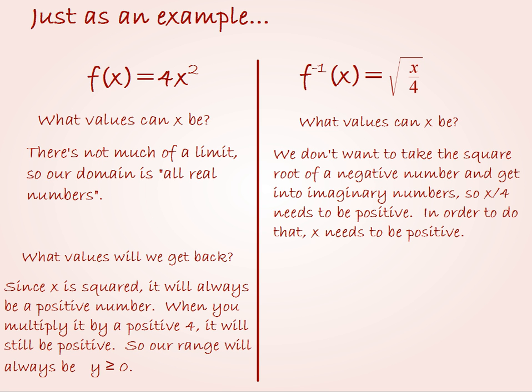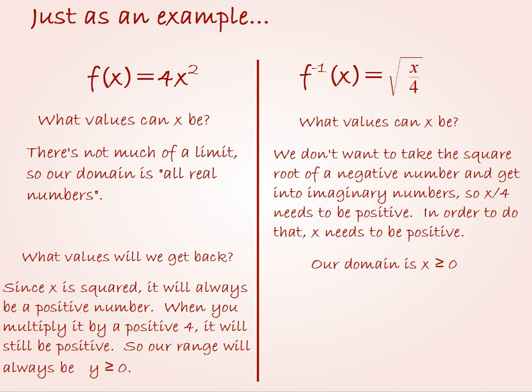So x over 4 needs to be positive in order for us to take our square root. In order for that to happen, x has to be positive. If x were negative, I'd be getting into imaginary numbers again. So I'm going to say that my domain is x is greater than or equal to 0. I don't want to be putting any negative values in for x.